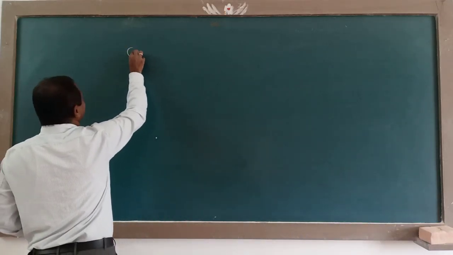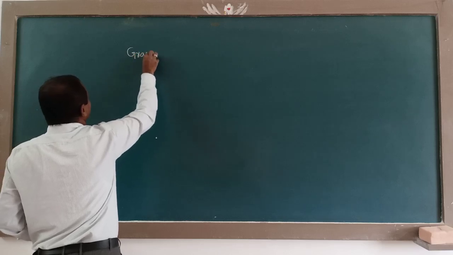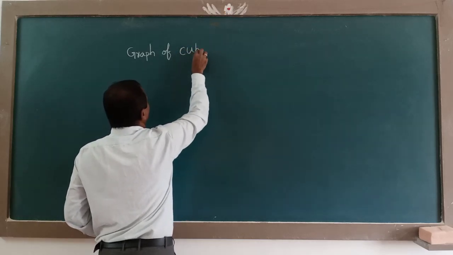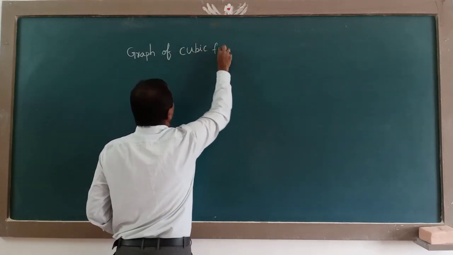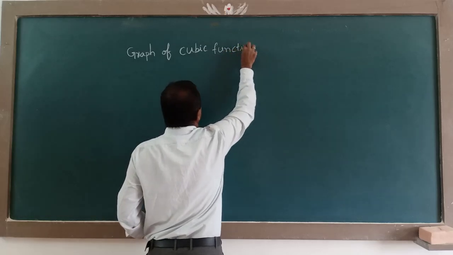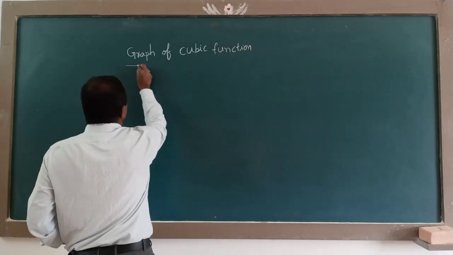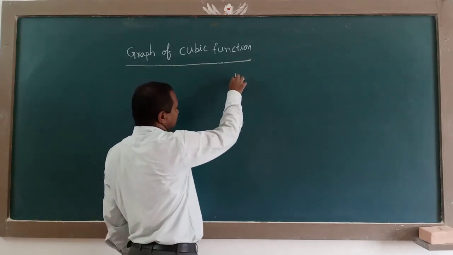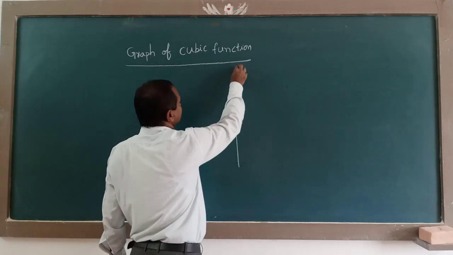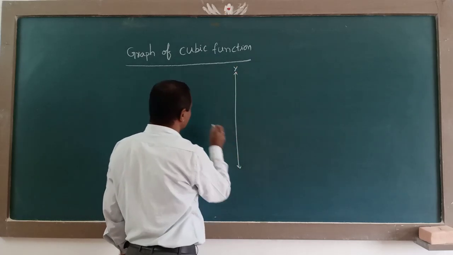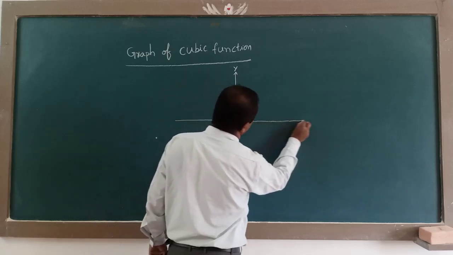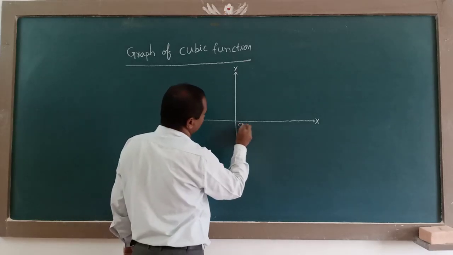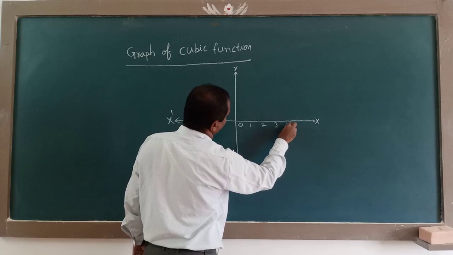Graph of the cubic function here. Already I told about the signum function, no? Now the graph of the cubic function. See here, y-axis, x-axis, zero, 1, 2, 3, 4 and so on.